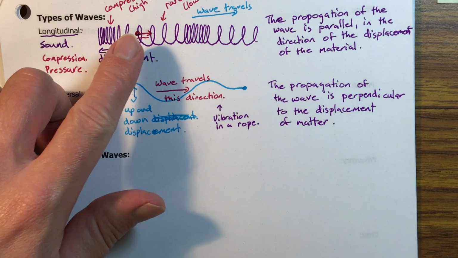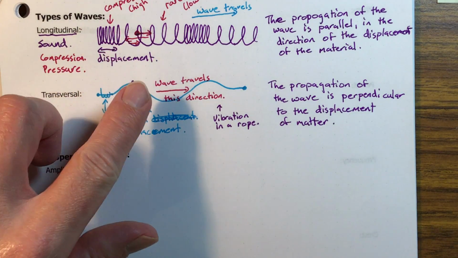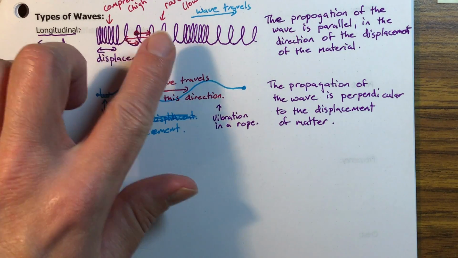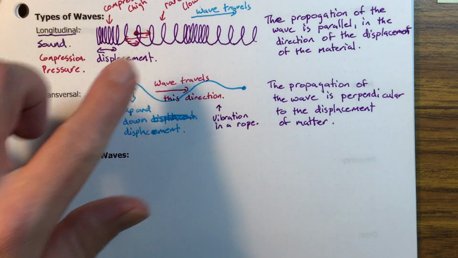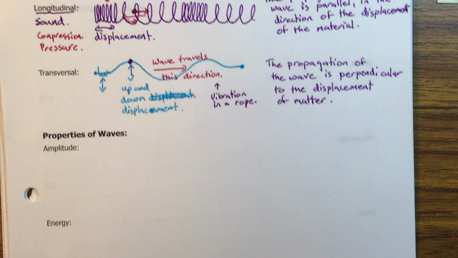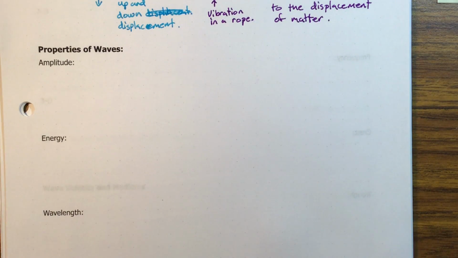It doesn't look obvious how we do that, but we can take a longitudinal wave where the displacement is back and forth and the wave travels this way, and we can represent it in this form here. All right, so we're going to talk about the amplitude of the wave.